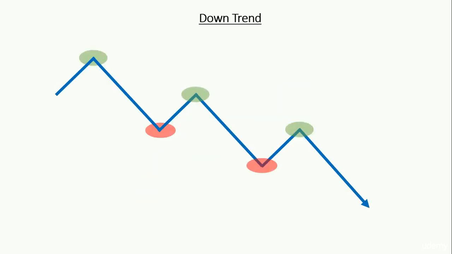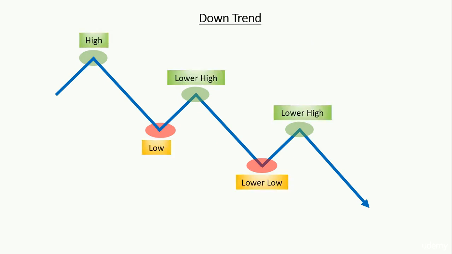On the other hand, a downtrend is a series of lower lows and lower highs, and can be recognized when the price begins in the upper left corner and ends in the lower right corner.